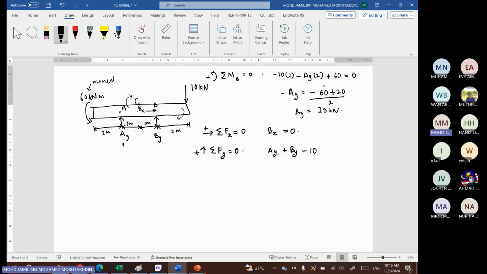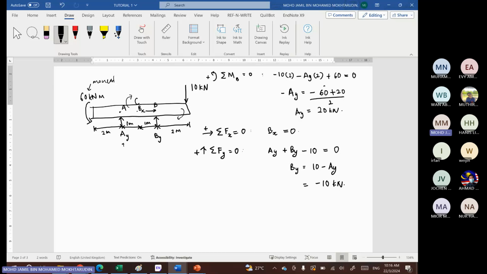So minus 10 equals 0. So we already have Ay. So we can determine By equals 10 minus Ay, or simply negative 10 kilonewton. Okay, so here you already determine all of the reaction forces Ay, Bx, and By.